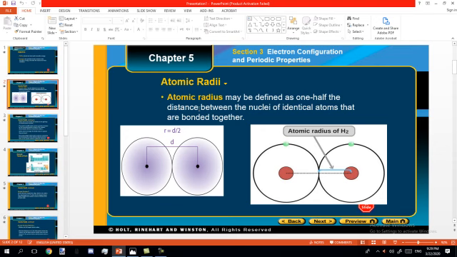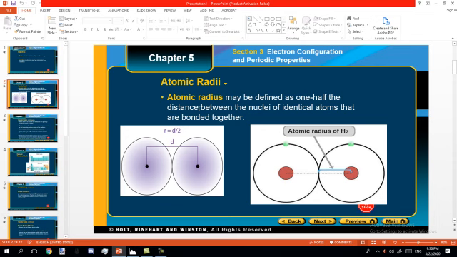So if you want to measure the atomic radius, you have to measure the distance between the center of the atom, which is the nucleus, and the last electron or the electron in the last energy level. And since the electron is moving with very high speed, you can't measure the atomic radius accurately.